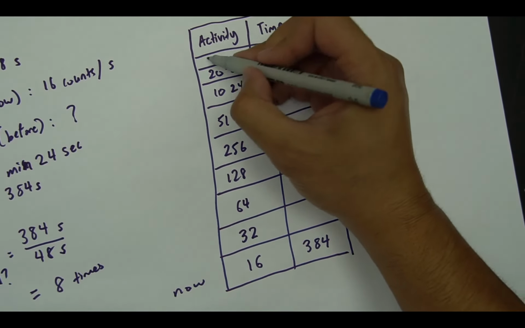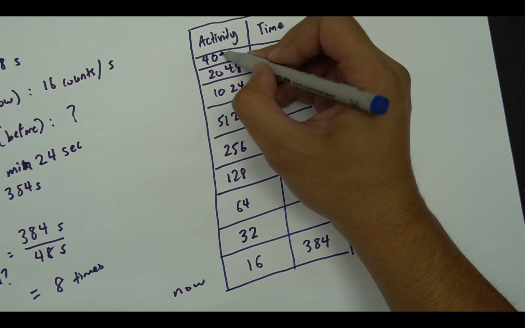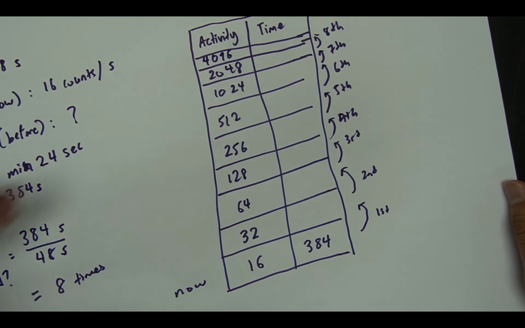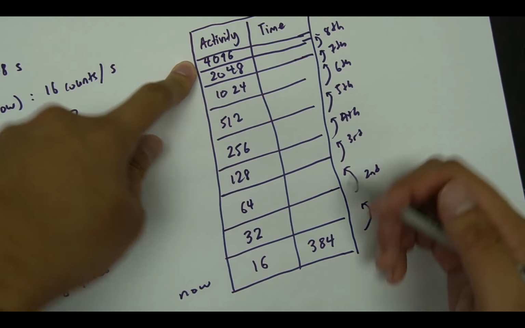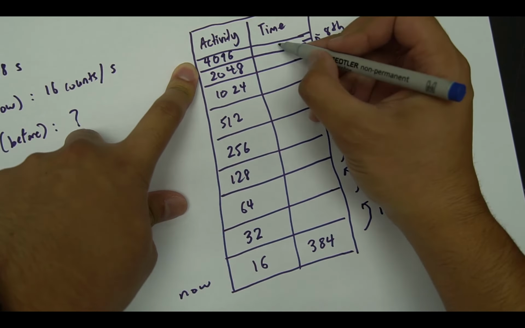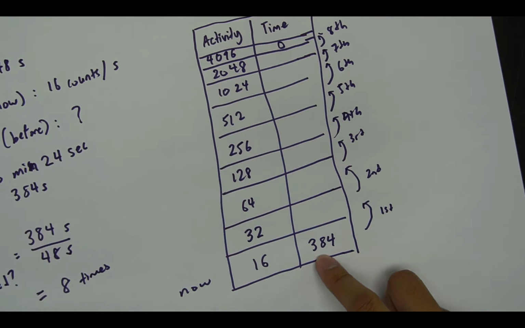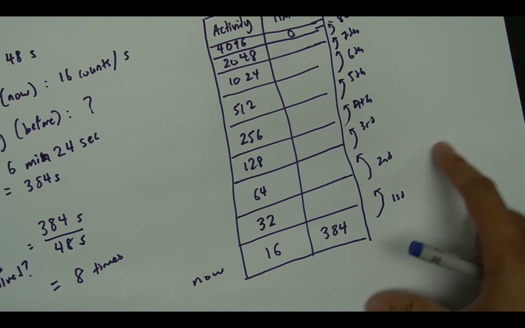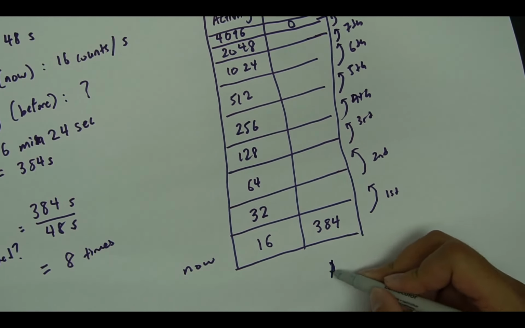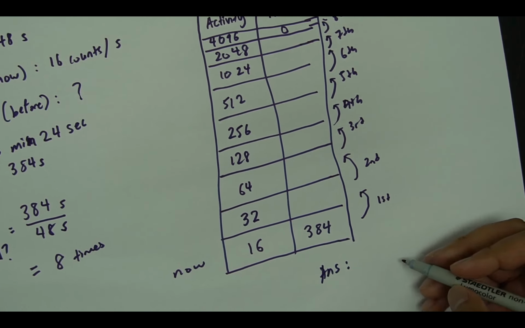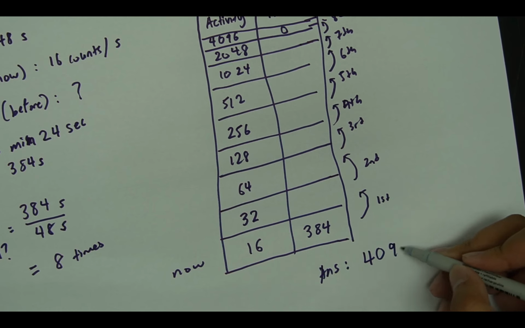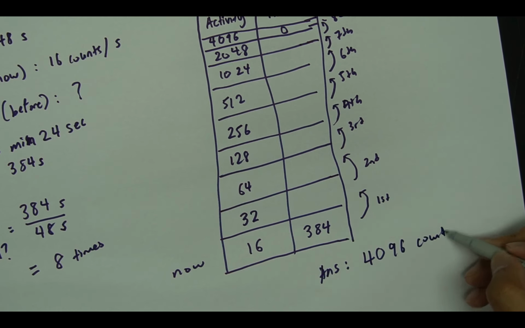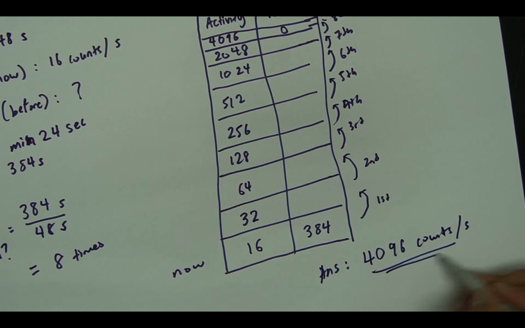Double that again is 4096. Okay, and we have arrived at the activity 384 seconds ago. So the answer to this question is 4096 counts per second.